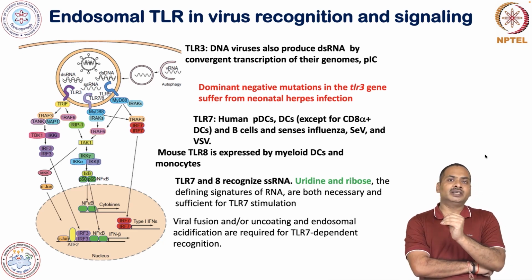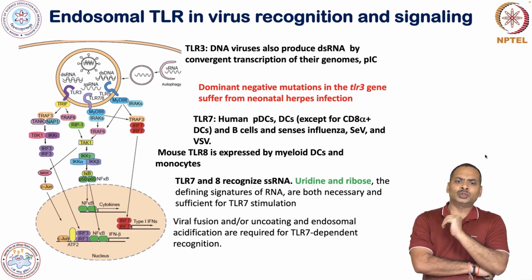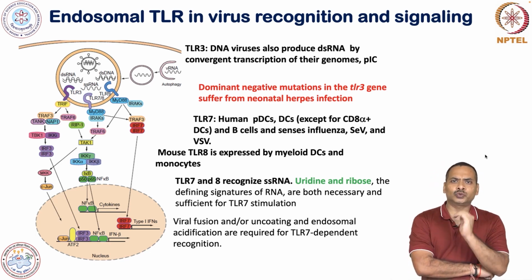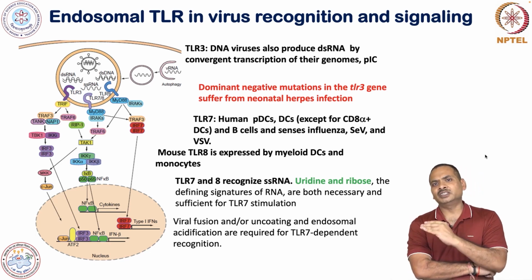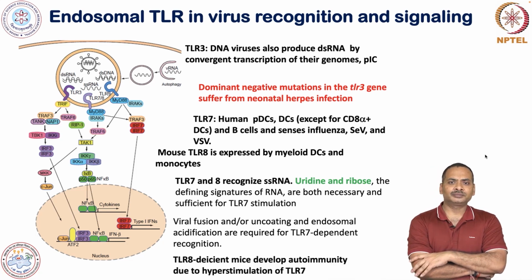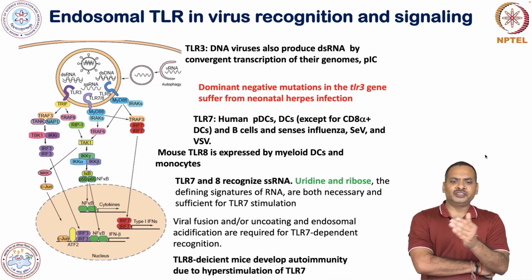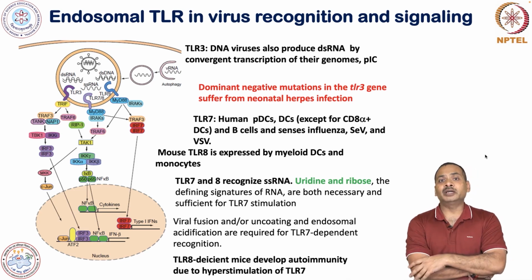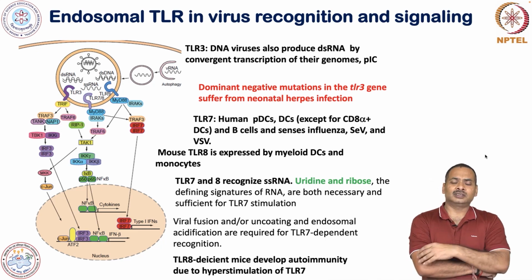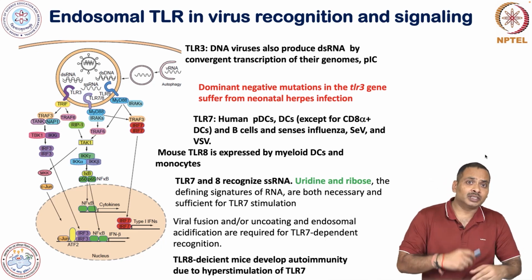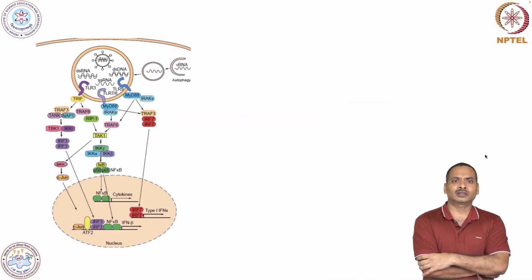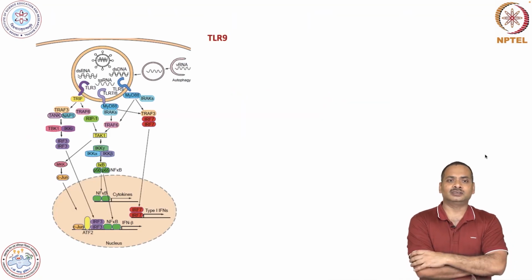Viral fusion and/or uncoating and endosomal acidification are required for TLR7 dependent recognition. TLR8 deficient mice develop autoimmunity due to hyperstimulation of TLR7. These are some additional points about these TLRs, which are more specific to viruses.